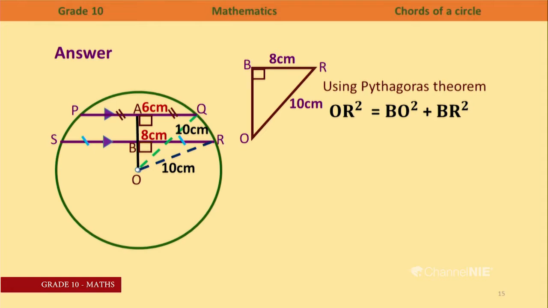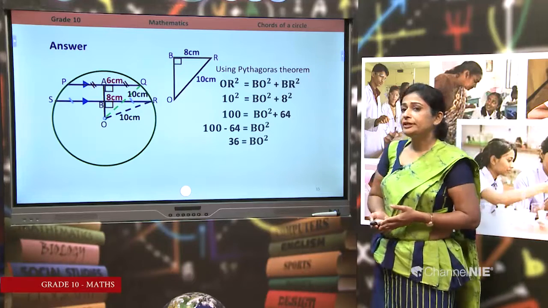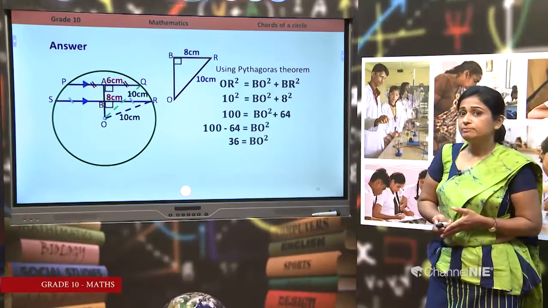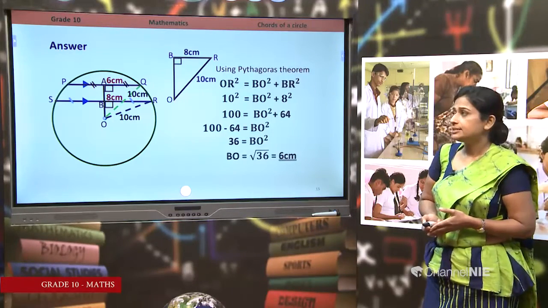OR is 10, BO we don't know, and BR is 8. We solve it and we get BO squared is equal to 36. Then BO is the square root of 36, which is 6 centimeters.